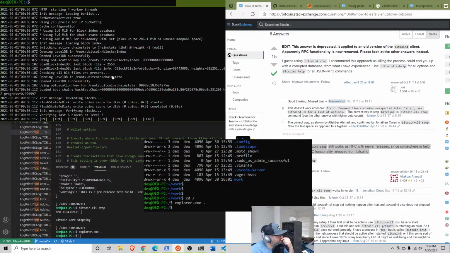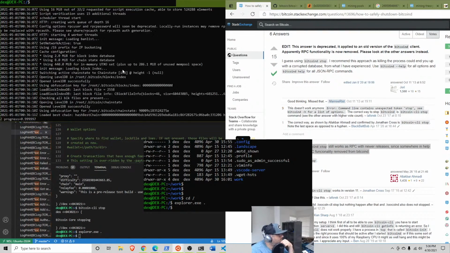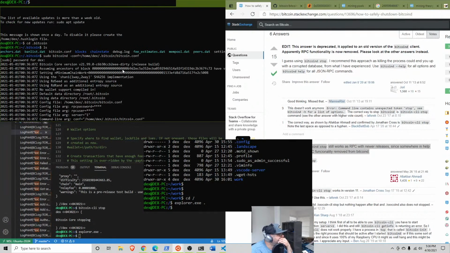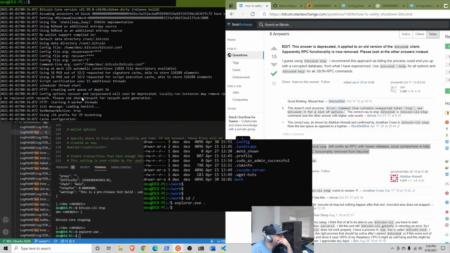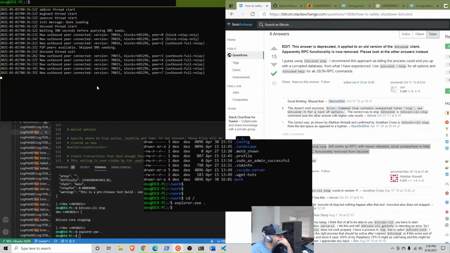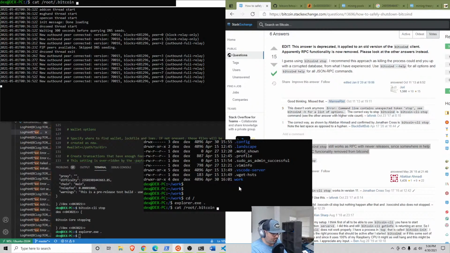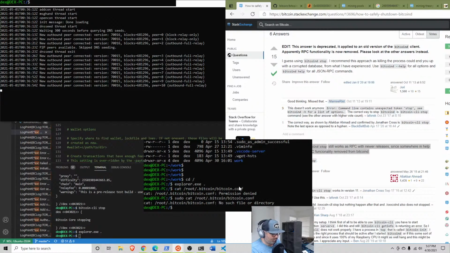Using obfuscation key for root Bitcoin chainstate. Root blocks index. There is no root.